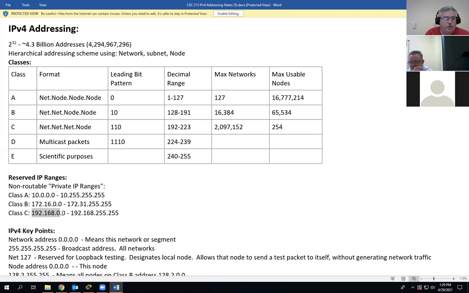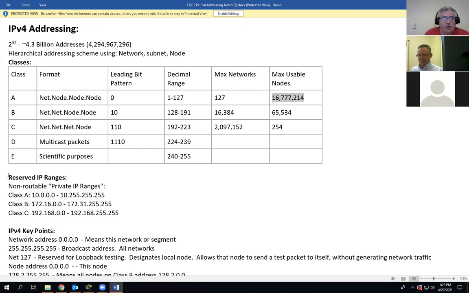So with Class C, you've got by default 254 addresses to play with. Class B, you've got 65,534 addresses. And then with Class A, you've got 16,777,214 max addresses with each one of those Class A addresses.